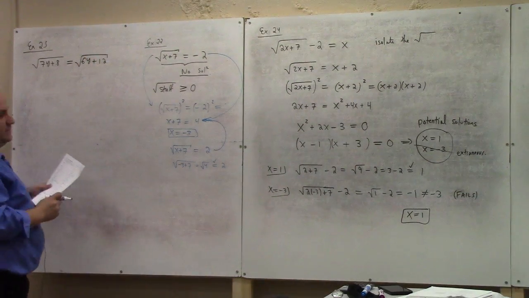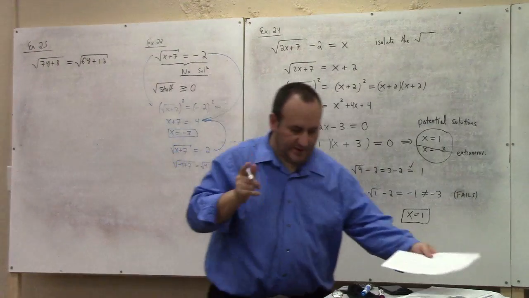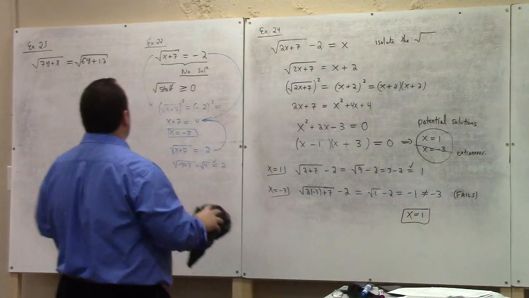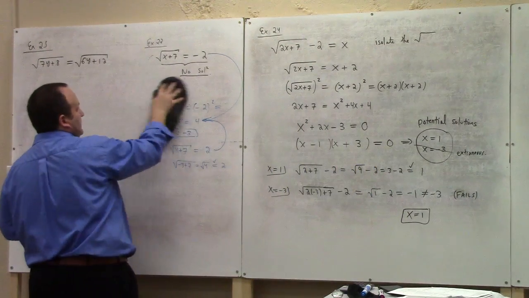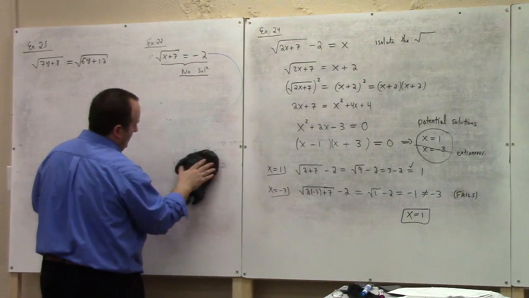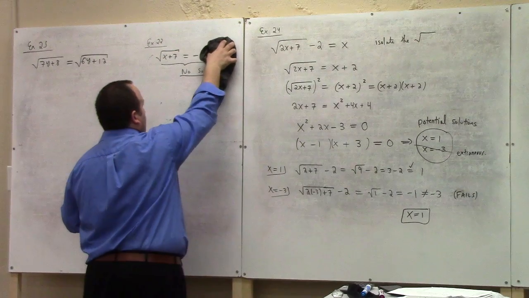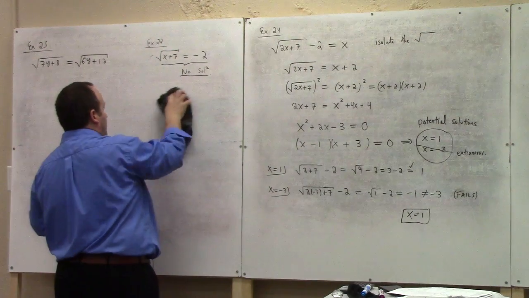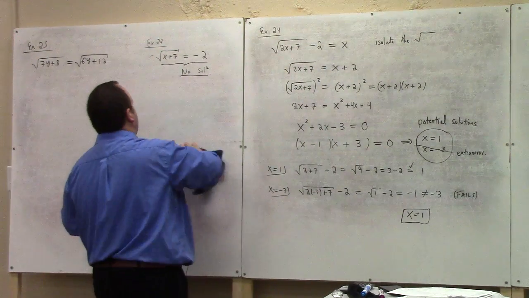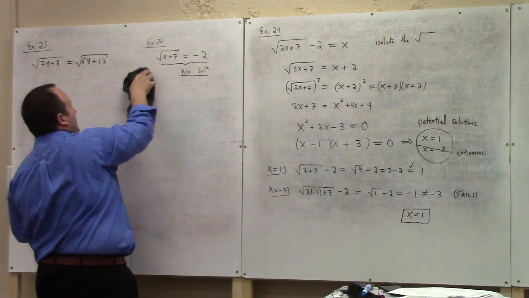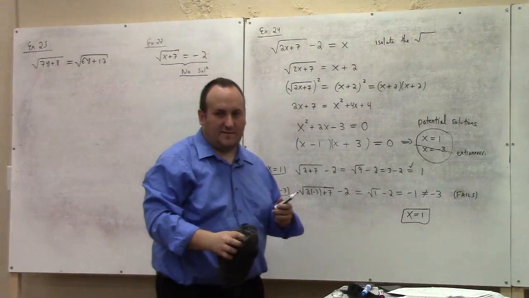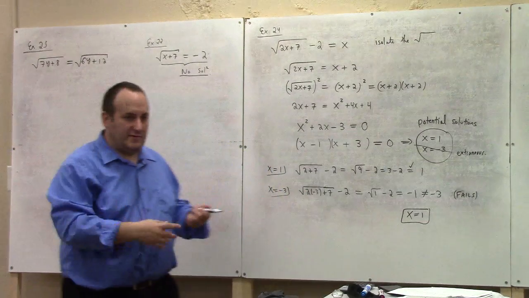Oh, by the way, something I forgot to tell you guys for exercise 22. Some people are like, you believe me when I tell you that the square root can't be negative, right? But at the same time, you just feel like maybe there's another way to explain it. Here's another way.